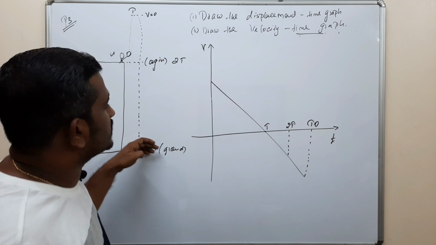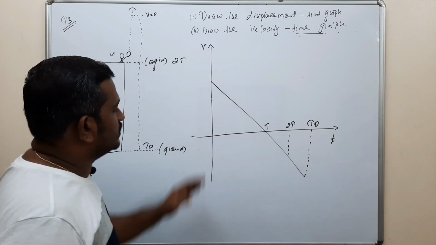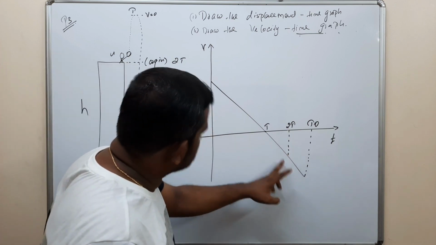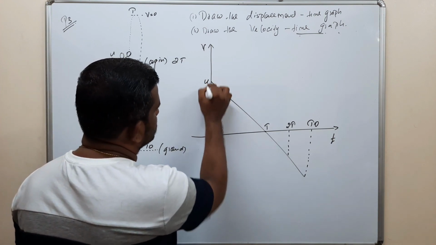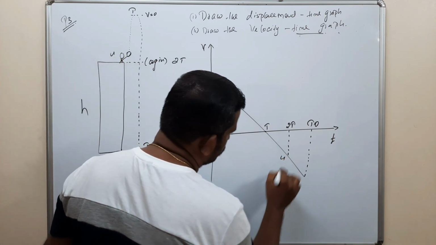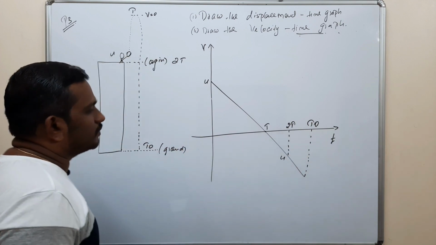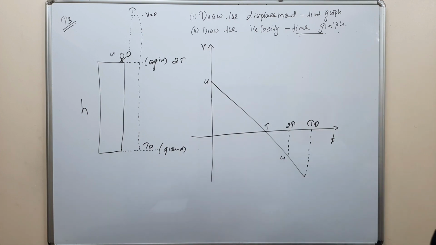At time 2t, it has a velocity equal to u, the initial velocity. At time t0 it reaches the ground. So this is the velocity time graph for the trajectory of the ball. Clear?